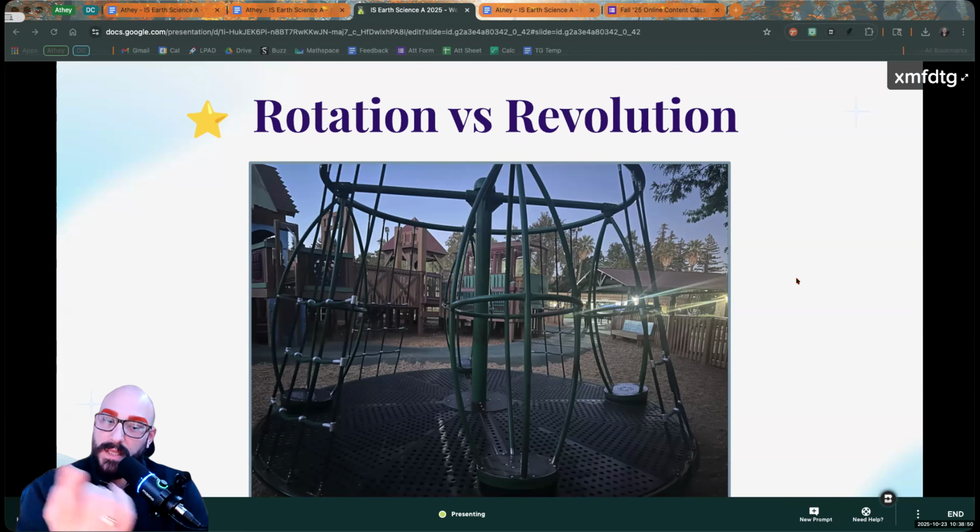Rotation is spinning in place. So rotating is rotating on the axis. When we rotate on our axis, that determines a day, right? So rotation is day. Revolution is year.